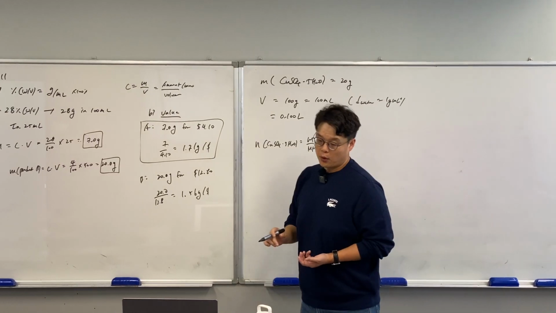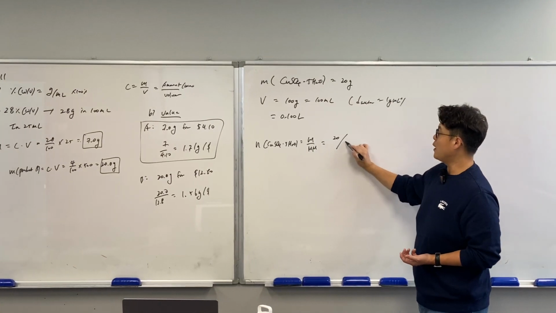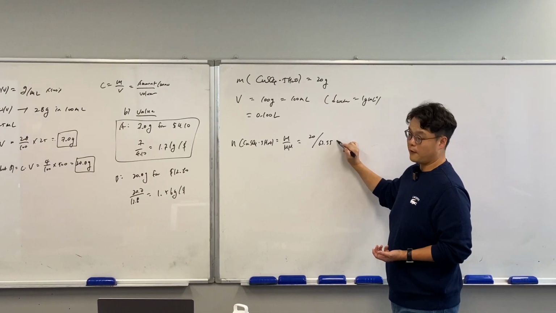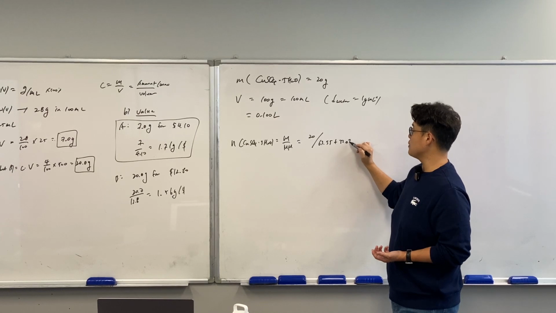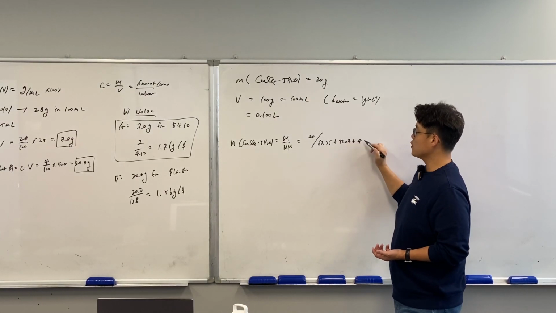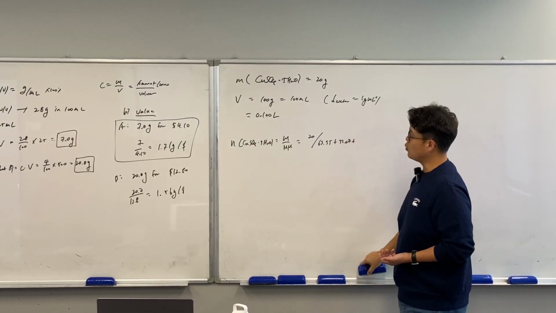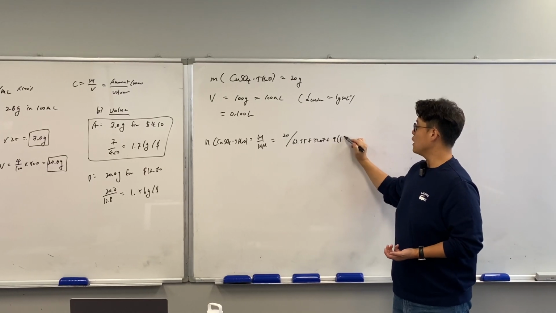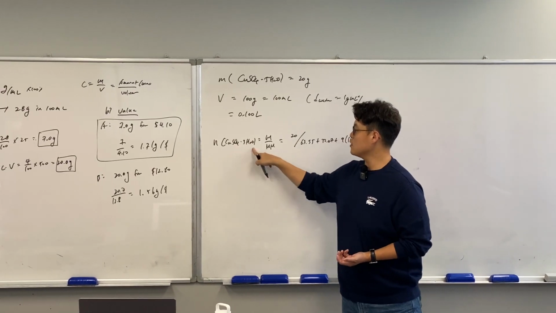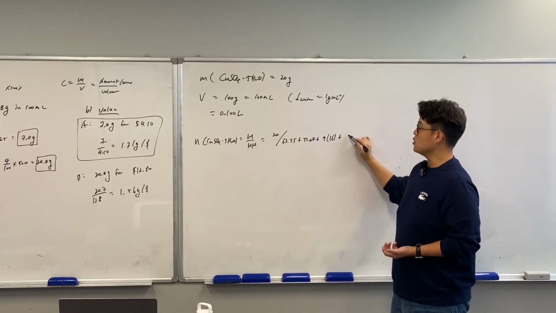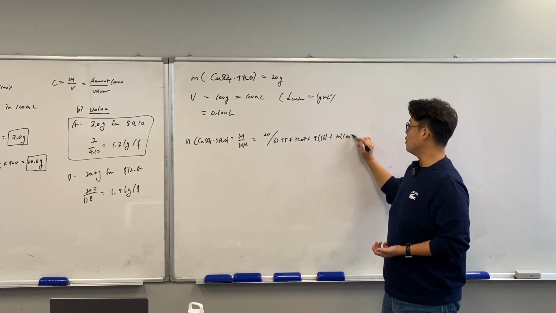Show all the relevant working out, guys: copper 63.55, plus 32.07 for the sulfur, plus 4 oxygens, and then 5 waters, so 9 times 16 for oxygen, plus 10 times 1.008 for hydrogen.